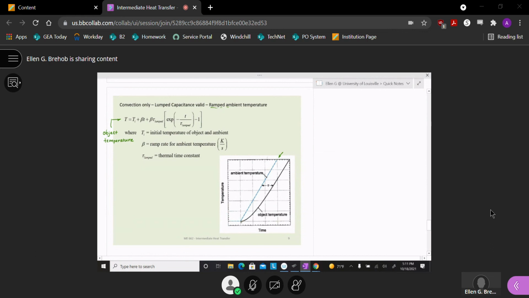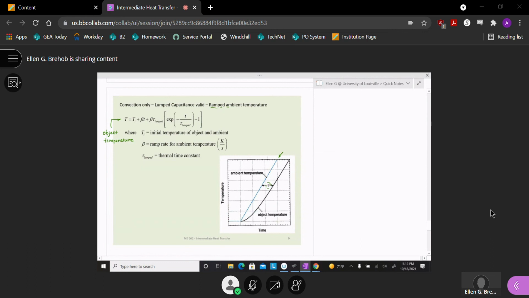The object comes in at some initial temperature, and it's trying to match the fluid temperature, but it is always delayed by this thermal time constant tau.